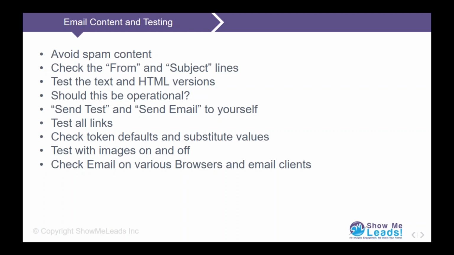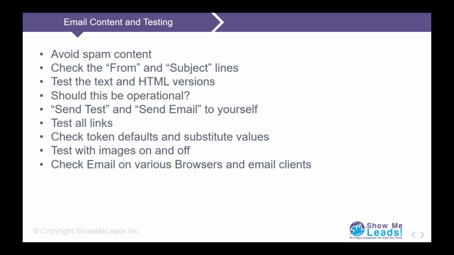Check the from and subject lines. Make sure that your from and subject are exactly what you want them to be. A lot of times, Marketo will put a generic value into each of those: the reply to, the from, all that sort of thing, that sometimes you forget to update, especially the from and the reply to.